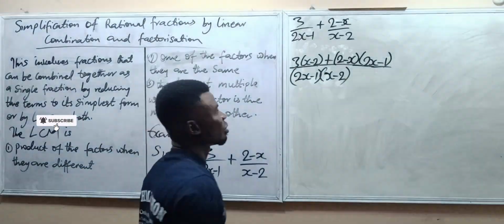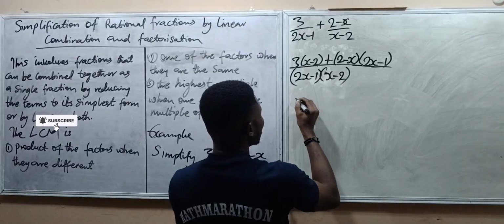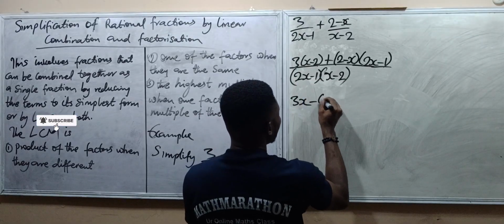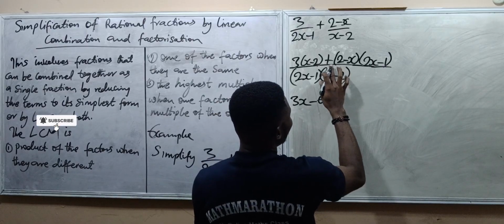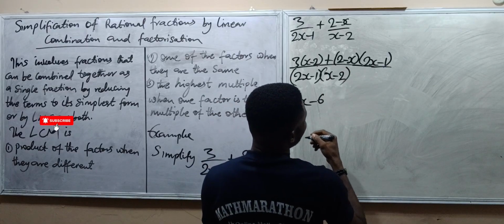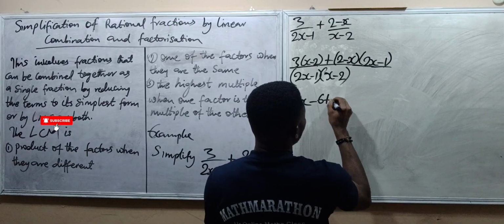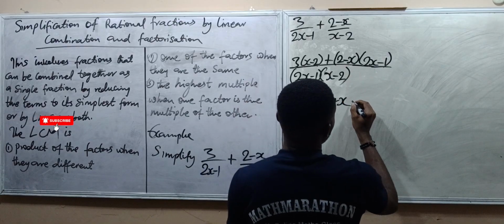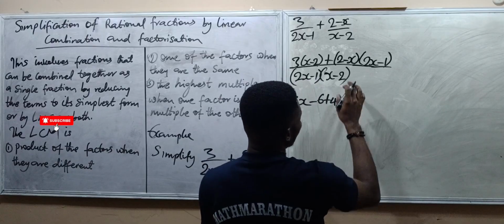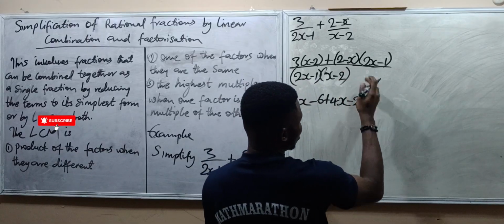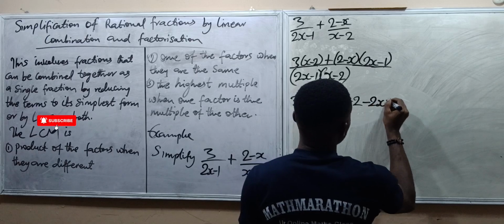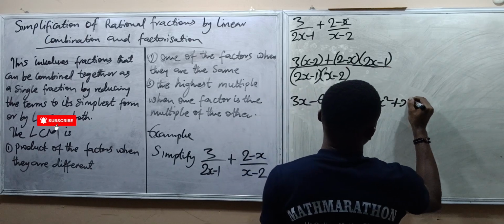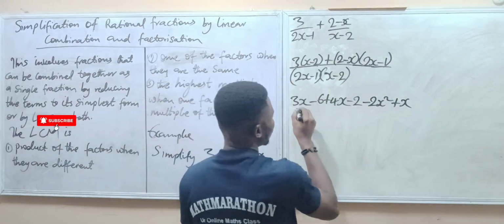Yeah. So let's open the bracket from the numerator. So 3 times x, we have 3x, and 3 times minus 2, we have minus 6. So coming to this side, we have plus 2 times 2x, we have plus 4x, and then plus 2 times minus 1, we have minus 2, and then minus x times 2x, we have minus 2x squared, and then minus x times minus 1 is plus x, right?